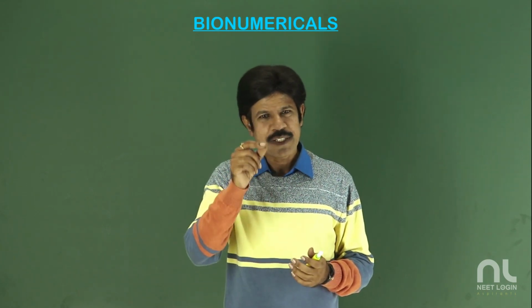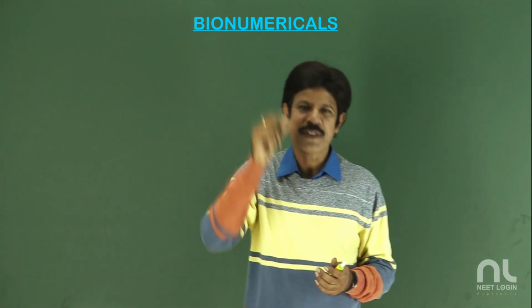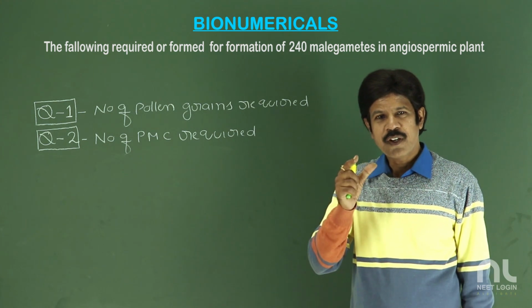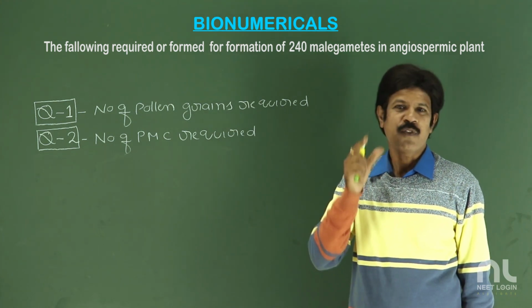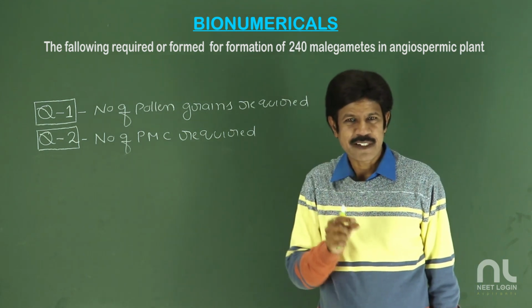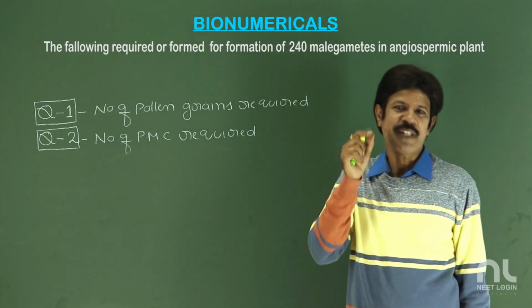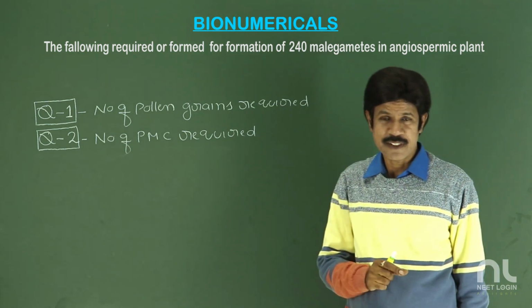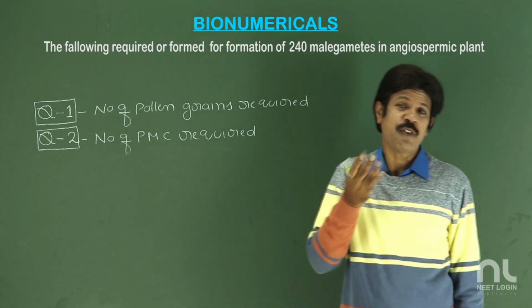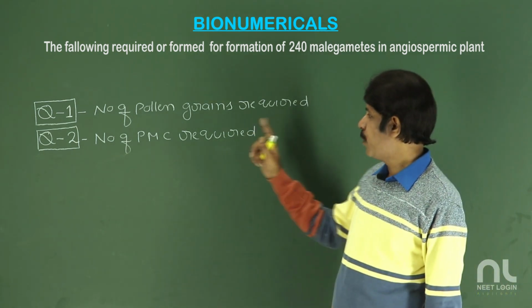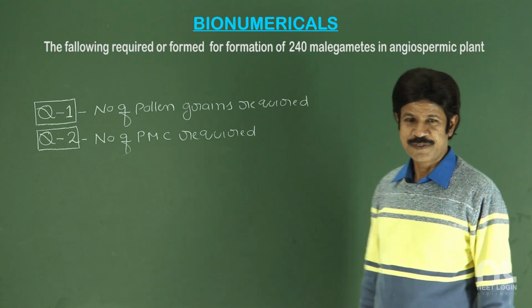First, you see the bionumericals in the case of reproduction linked to meiosis. With regard to angiosperms, the following are required or formed for formation of 240 male gametes in an angiospermic flowering plant. The question is: the number of pollen grains required.